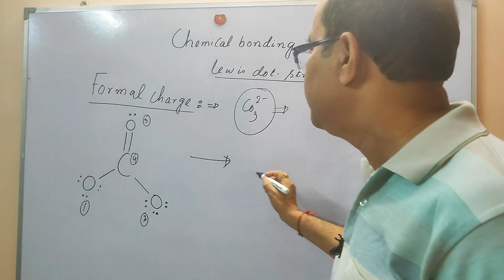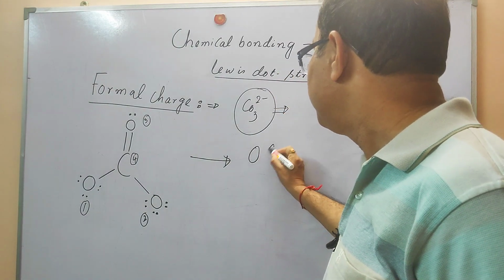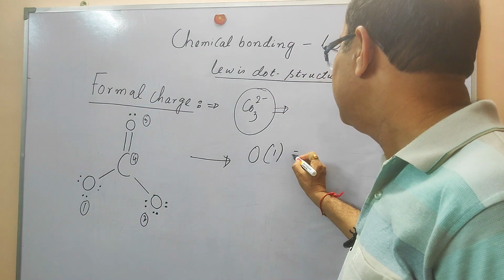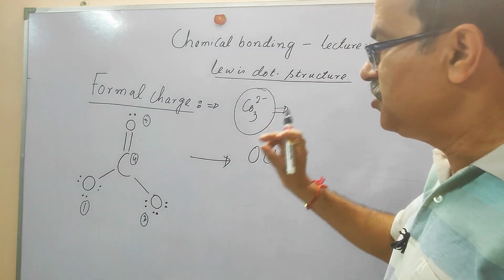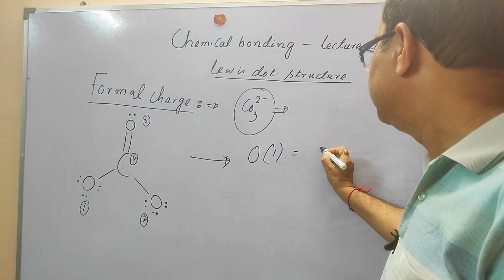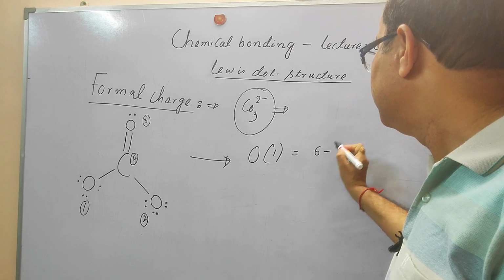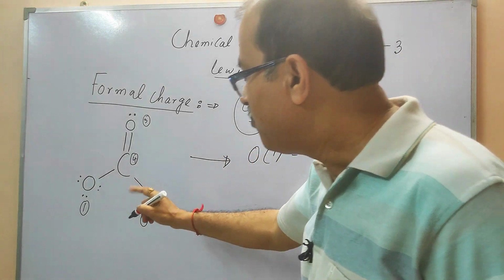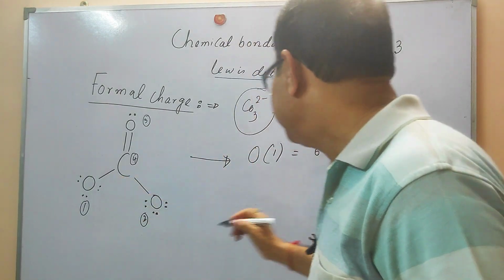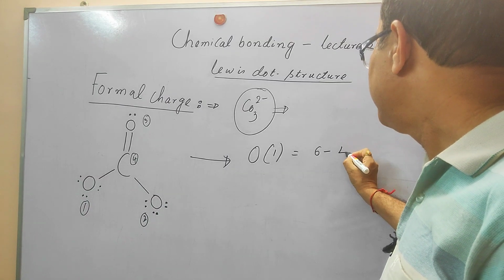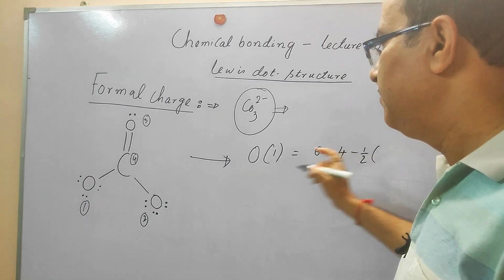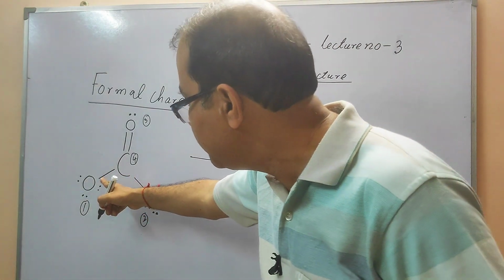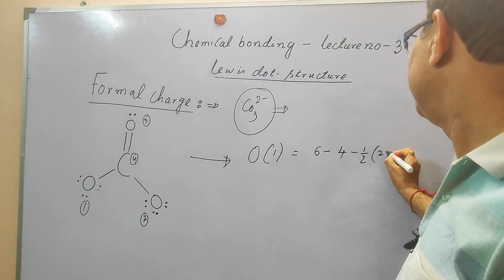First we have to calculate the formal charge of the oxygen in the first position. In this case we know oxygen has 6 valence electrons. Then the non-bonded pair, the lone pair electrons, is a total of 6, and half of the bond pair electrons, it has only 2 electrons, so we put 2.